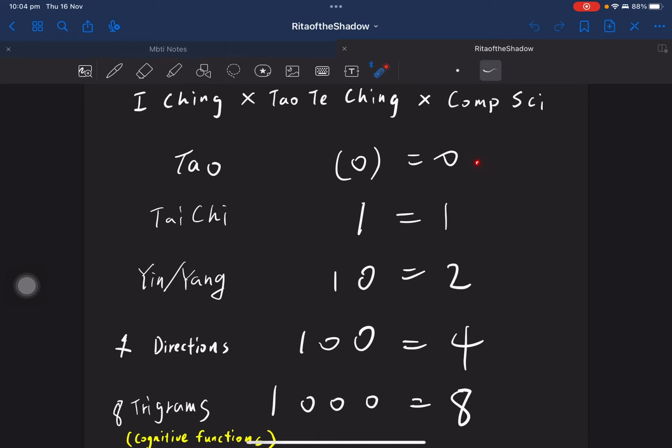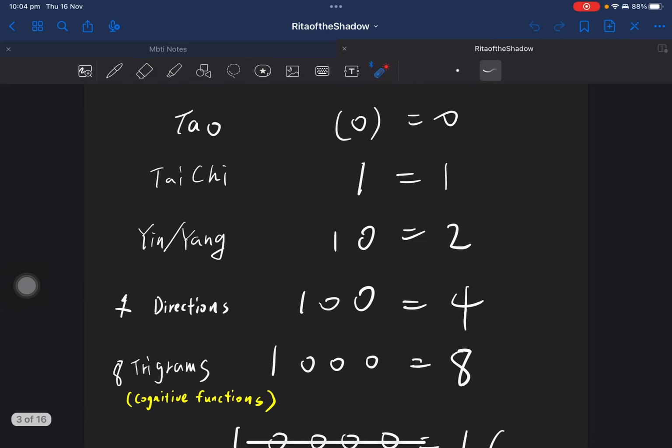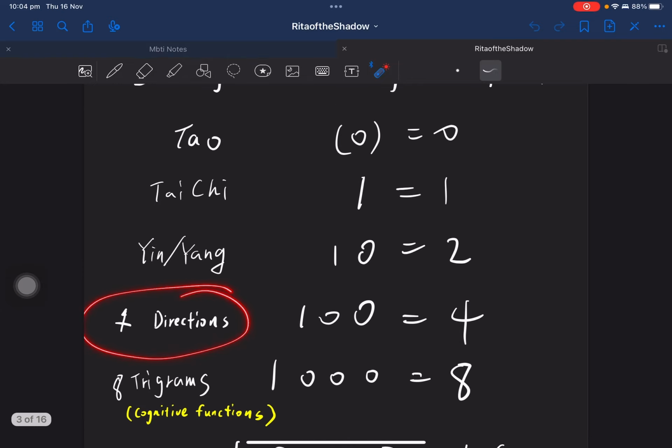So in the beginning there was nothing, and then there's 1, and then there's 2. Then we have our 4 directions, or the 4 elements, or the 4 winds, which are just the further division of the 2. So the number 4 is basically just an arrow, you see. So 4 stands for the 4 directions, and that is why they are important.